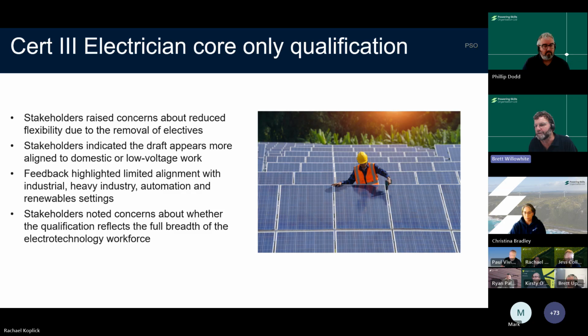Emerging and sector-specific skills, the underpinning knowledge will be covered in the core units of competency, but then we think specialised training, diving deeper into those areas, really should be addressed post-trade.